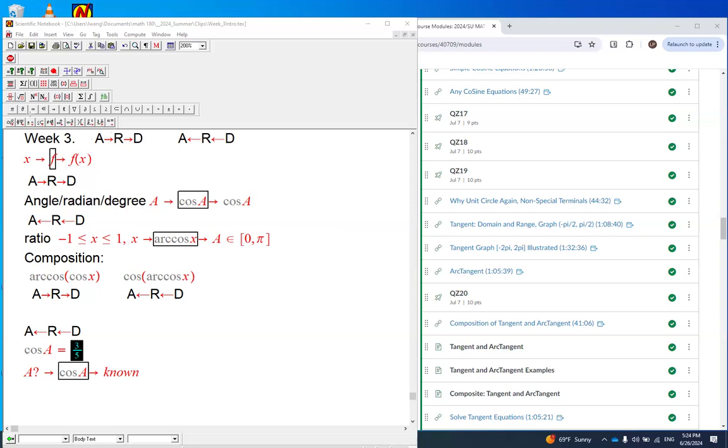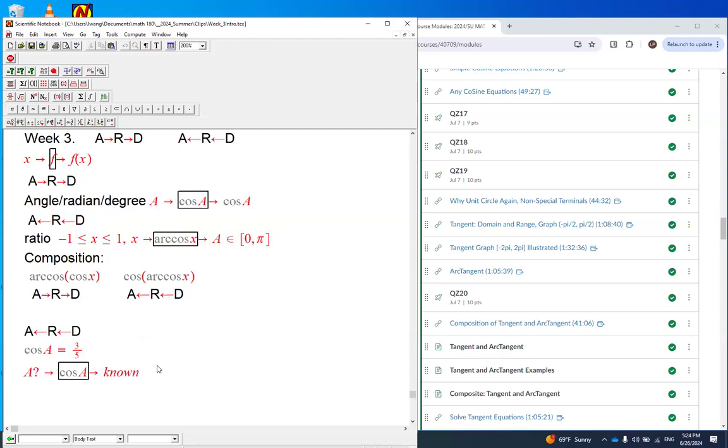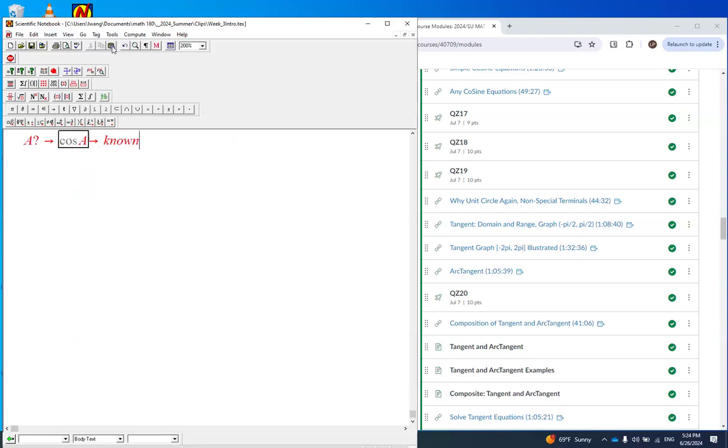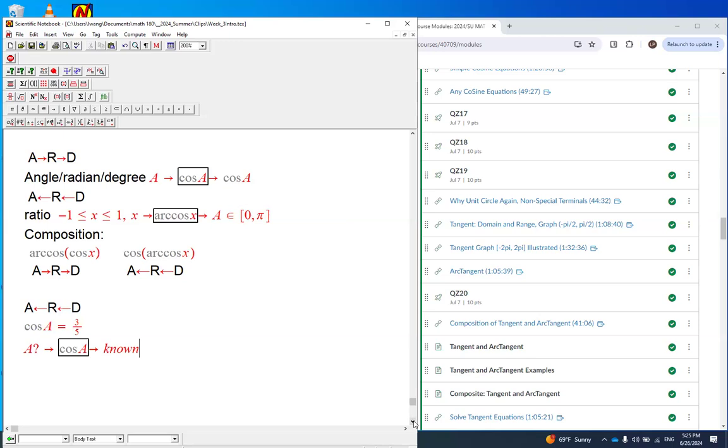In this section, we have ARD, DRA. This theme is repeated in week 3, but this time it is for tangent and arctangent.